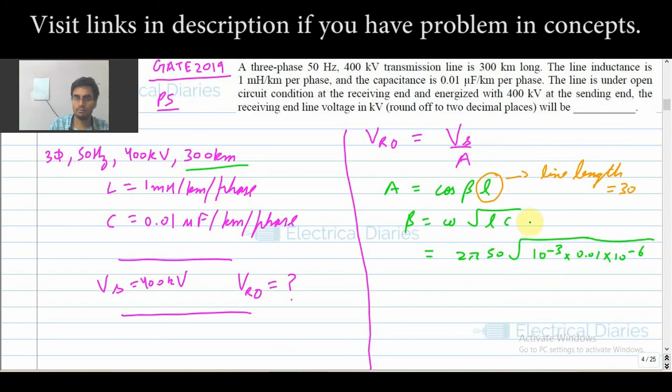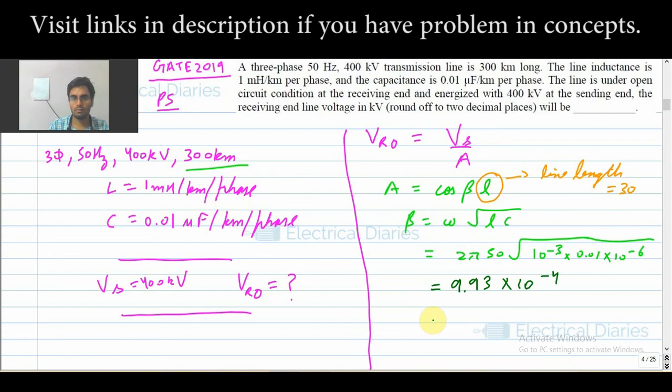This will come out to be 9.93 into 10 to the power minus 4.